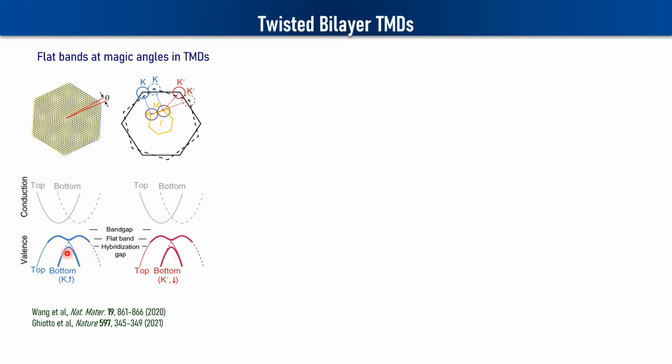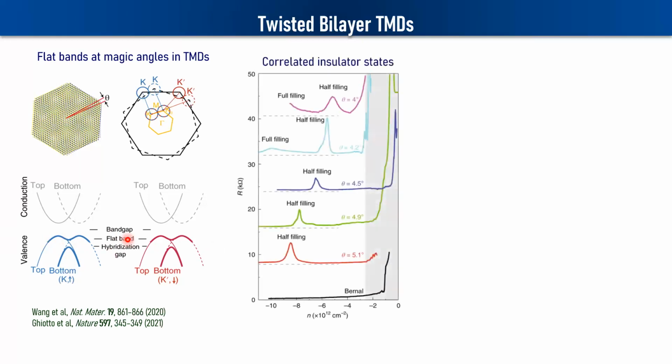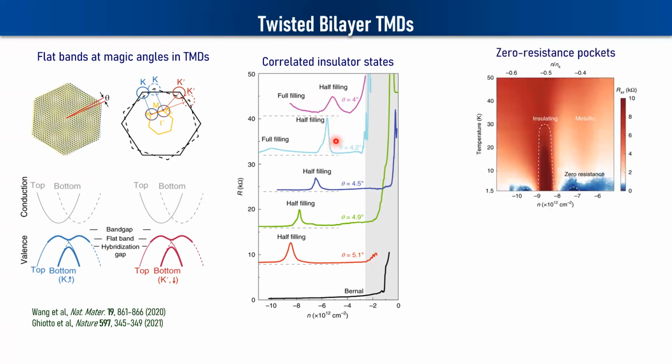But because of the coupling, or the increased hopping of the electrons between these two layers, there is going to be a hybridization gap. And this band here can be extremely flat, and at certain angles, called the magic angles, it becomes very flat, and there are predictions of interesting phases like correlated insulator phases at half filling, and zero resistance pockets which correspond to superconductivity.